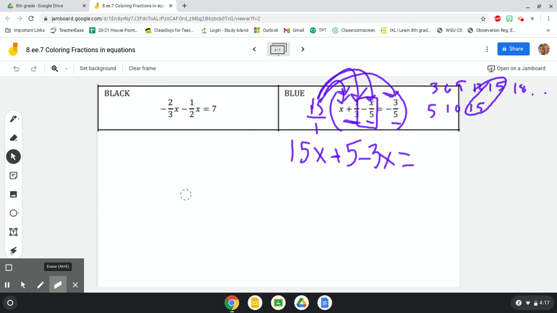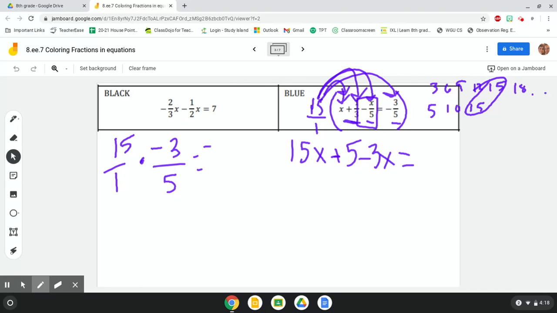Okay, so I have 15 over 1 times a negative, again, I'm putting in the numerator, 3/5. When I multiply that across, I know that's negative 45 over 5, which ends up just giving me a negative 45 divided by 5 is just negative 9. So equals negative 9.